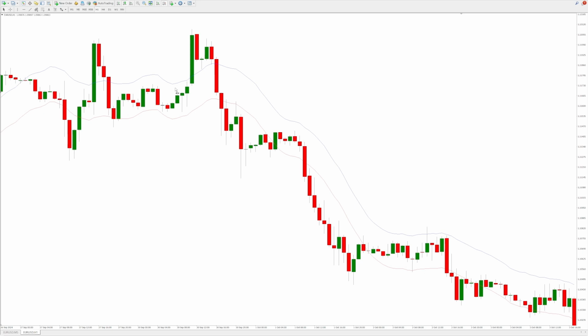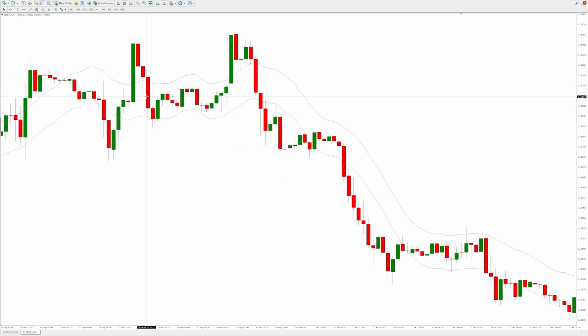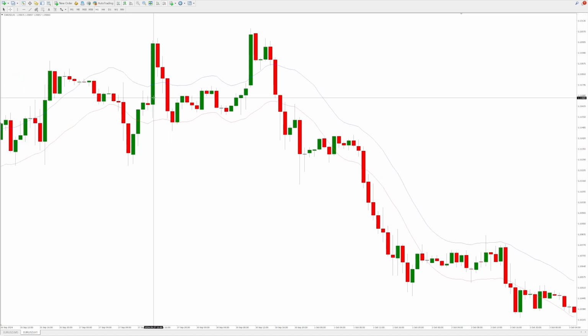Okay, so you can either trade the breakout of the envelopes or you can trade a reversal. So with a reversal, what you're still looking for is price to go either below or above the envelope, the lower or upper envelope, and what you're going to do is trade in the opposite direction.